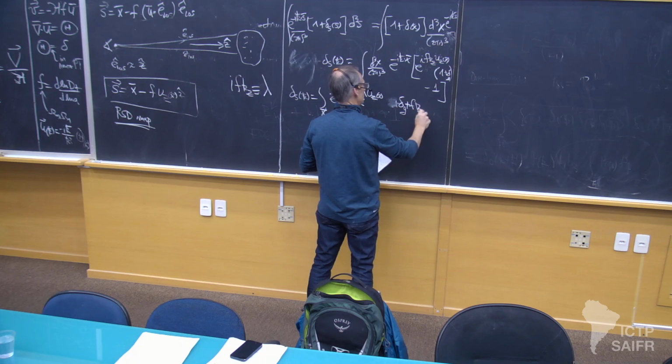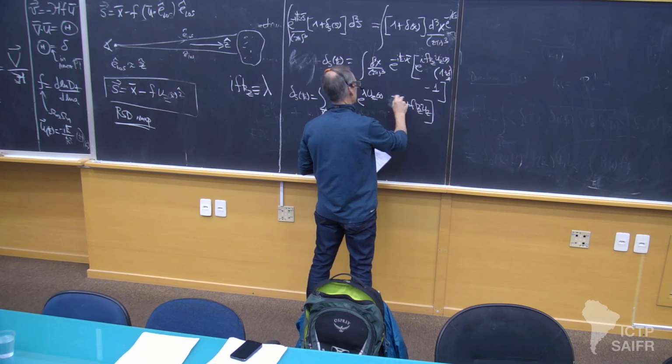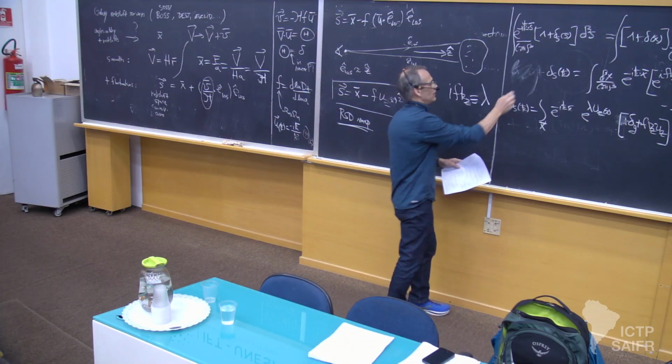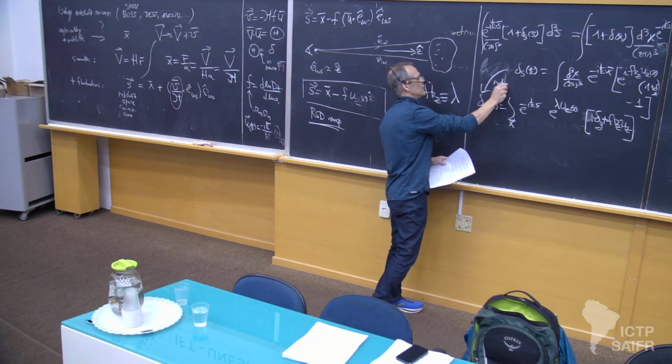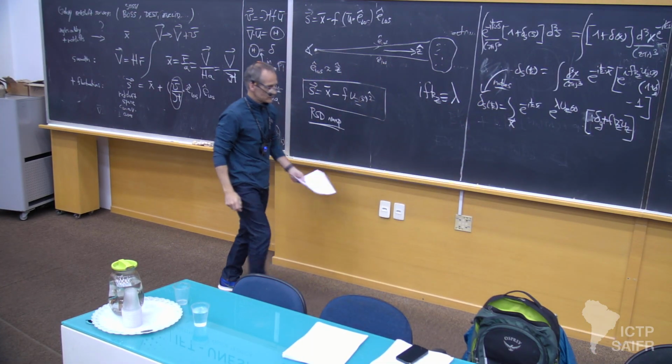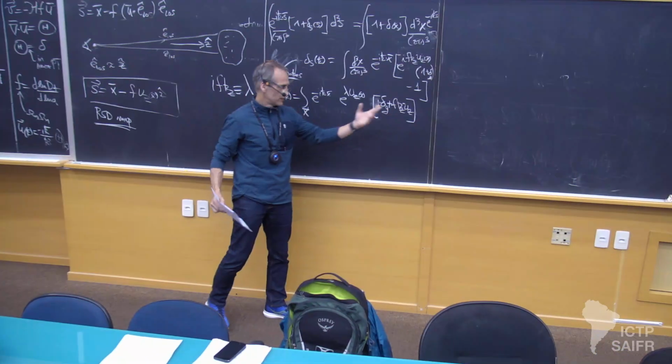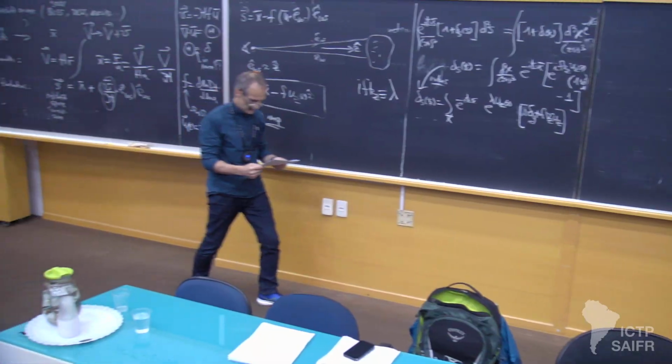And you can show, or you can look at the notes, you can write this in that way as well. So see the notes for this. Again, this term also depends on the gradient of the velocity field.